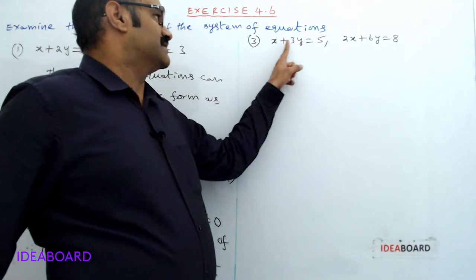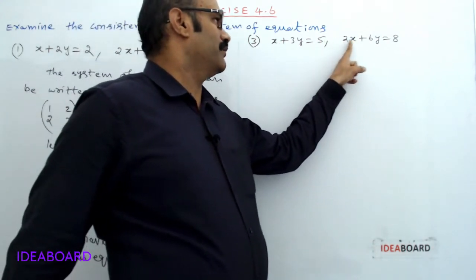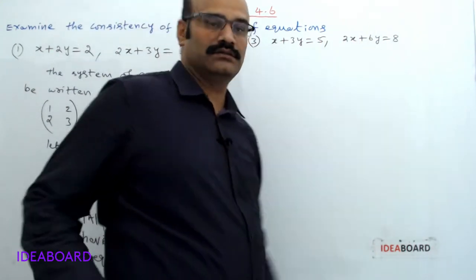Next problem, we have x plus 3y equal to 5 and 2x plus 6y equal to 8.